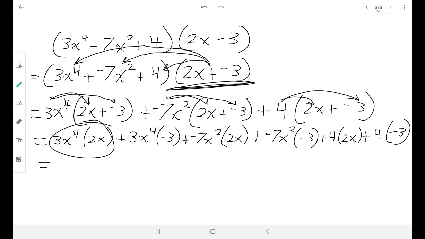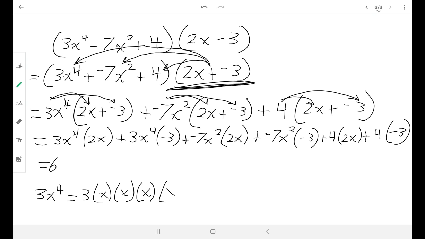And then you have to figure out what the answer to each of those is. So let's do this one. I'm going to multiply 3 times 2, and 3 times 2 is 6, and I'm going to multiply x to the fourth times x. So there are 4 x's being multiplied here, and you were right on that also. 3x to the fourth does indeed mean 3 times x times x times x times x, 4 of them.